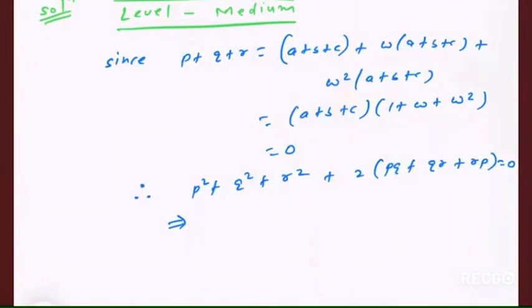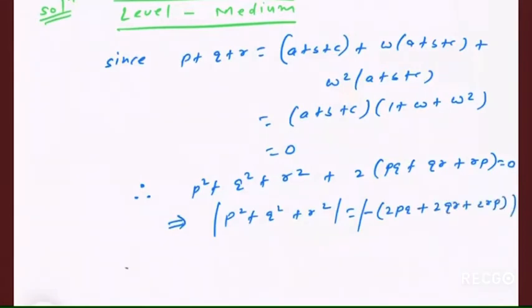From here, I can take that bracket to the right hand side and then take modulus on both sides. So we are getting mod of P square plus Q square plus R square equal to mod of minus twice PQ plus QR plus RP.